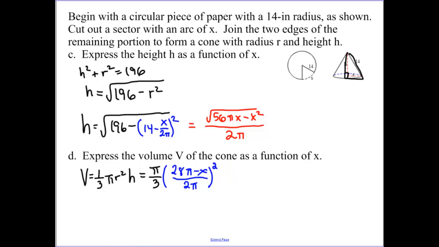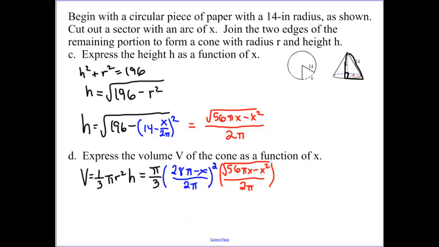Now for h, we have this function that we have over here: the square root of 56 pi x minus x squared, all over 2 pi.